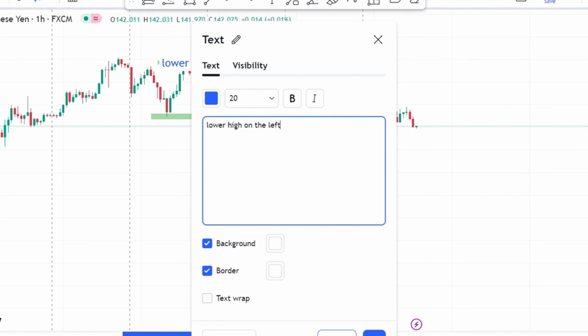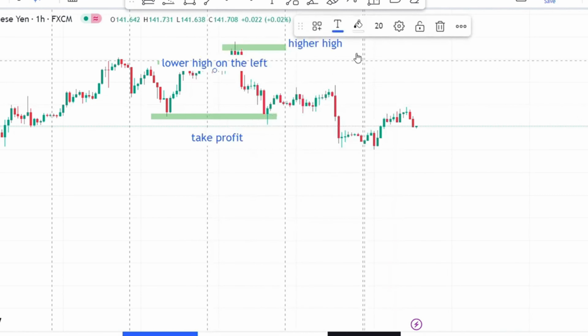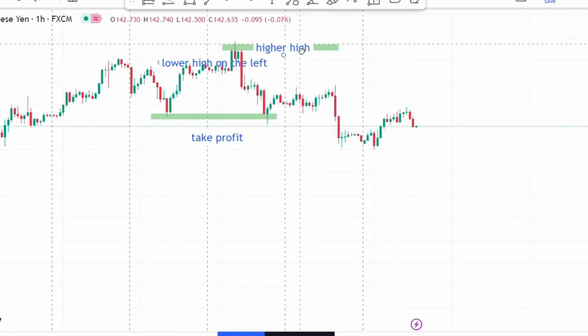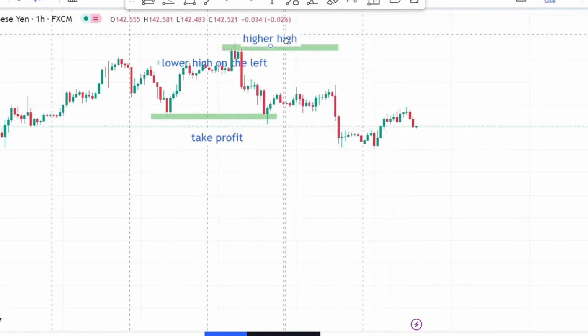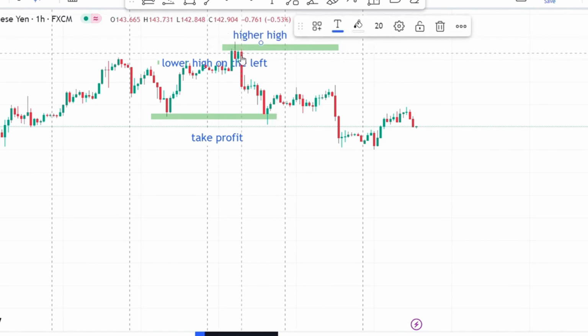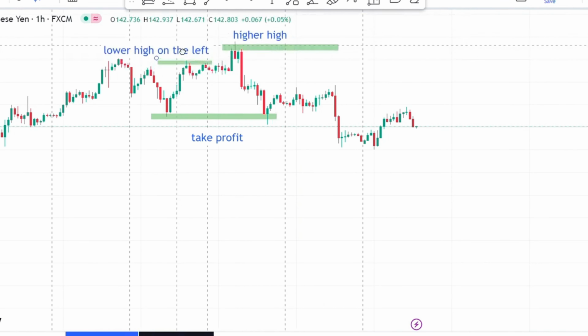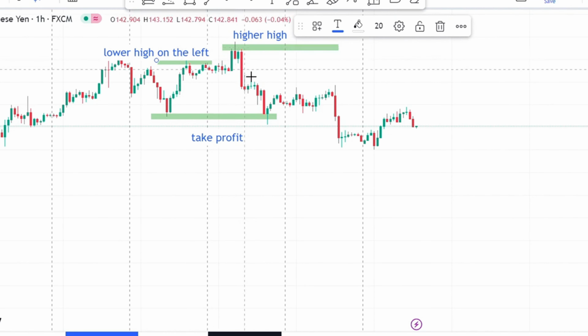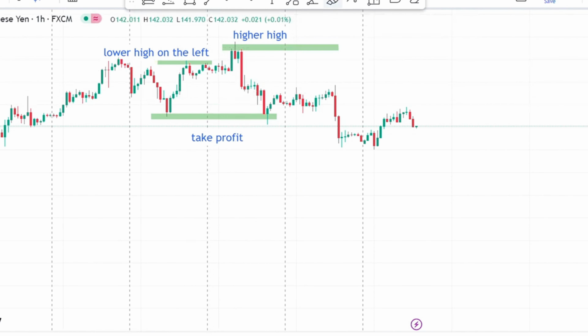So when I'm done with that, I have to check for the other side, which is on the right of the higher high. Also it's on the lower high, but this is on the other side.